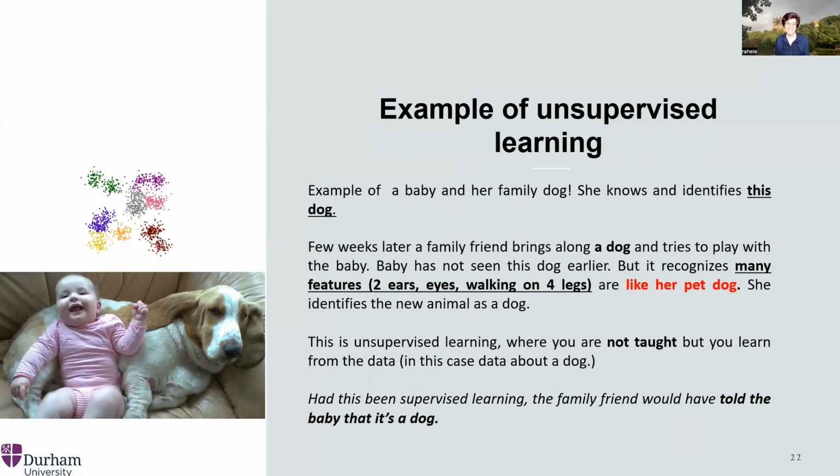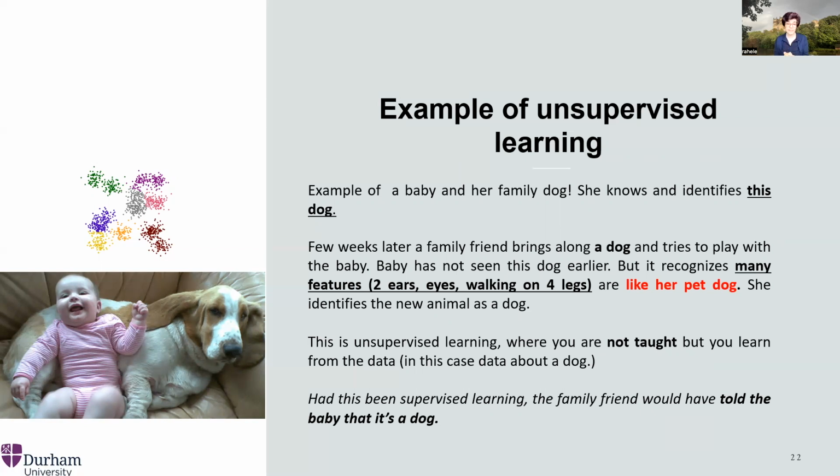When a few weeks later a new dog comes, the baby can somehow find that it's a dog without us telling or teaching him that it's a dog. He finds some similar patterns, let's say two ears, eyes, walking on four legs, the face, everything. And well, it is her pet dog. He can easily find the answer.